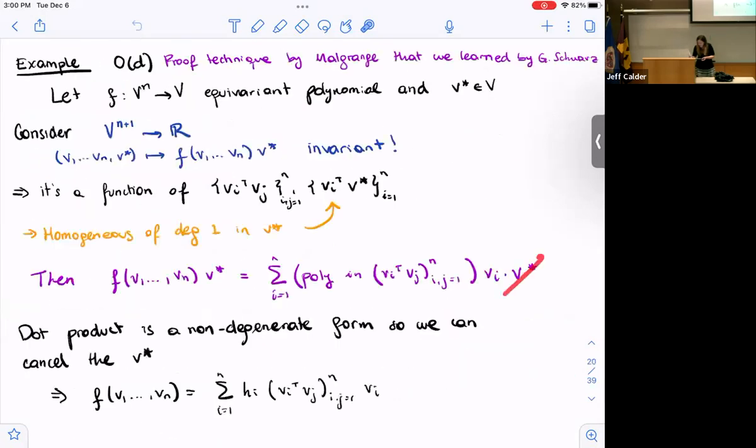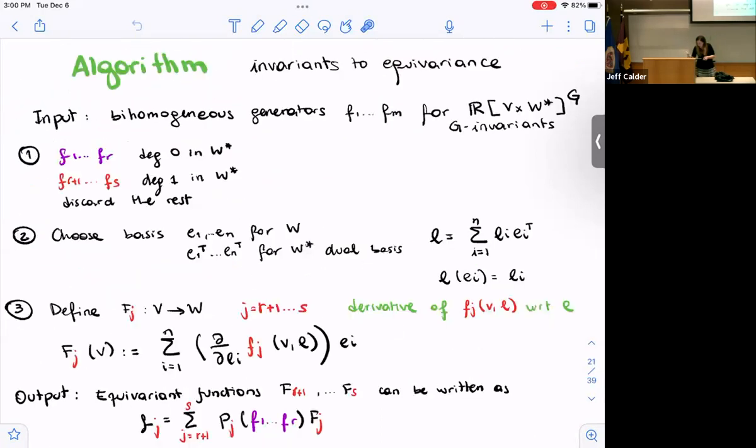This division that I did here, this canceling out, can be done by taking the derivative with respect to the second coordinate on this polynomial expression. And basically, that's it. You get polynomials of the ones that were degree 0 times the derivatives of the ones that were degree 1. That's the idea.